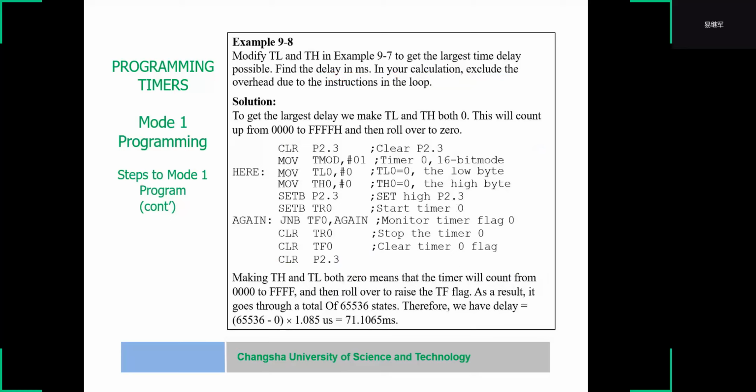Here is another example. Modify TL and TH in the example before to get the largest time delay possible. Find the delay in ms. In your calculation, exclude the overhead due to the instructions in the loop.